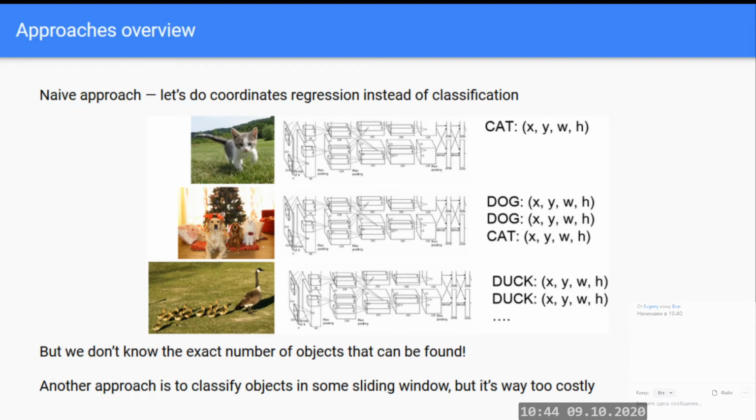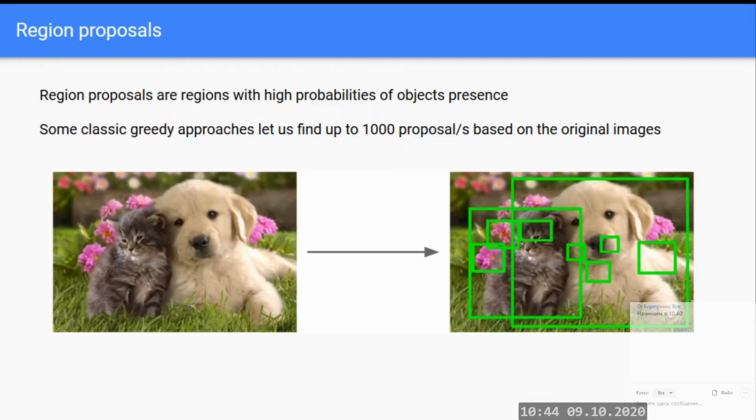So instead of just applying the classifier to all the regions, we want to somehow find some region candidates so we can test them and then decide which objects to leave as the prediction. For finding regions, we could use some classical approaches that will not be detailed in this topic, but we can just assume that there are some classic approaches for finding regions on the image with similar pixel values, with similar texture.